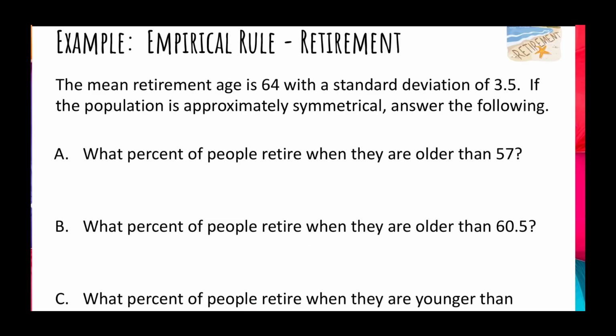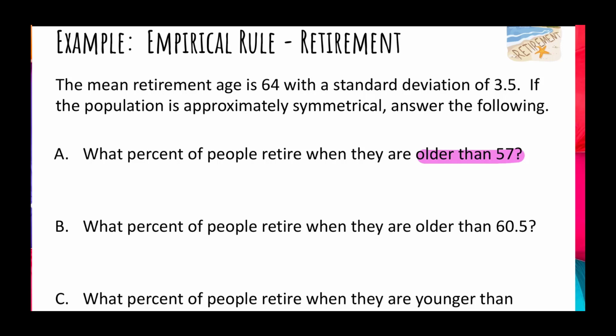Okay, I'm going to change it up a bit. We're going to use the same scenario, a mean retirement age of 64 with a standard deviation of 3.5, and it is symmetrical. We want to know what percent of people retire when they're older than 57.